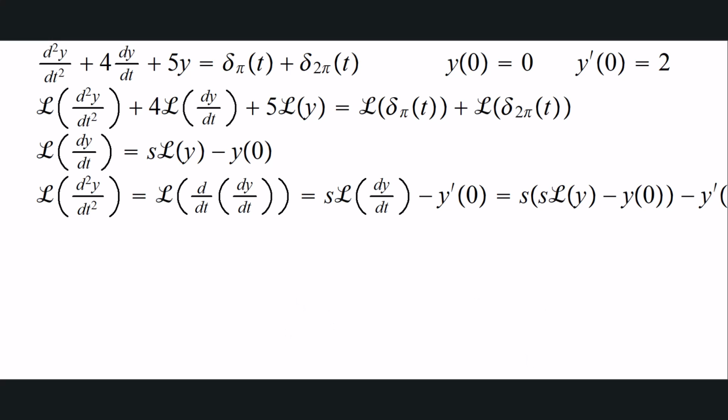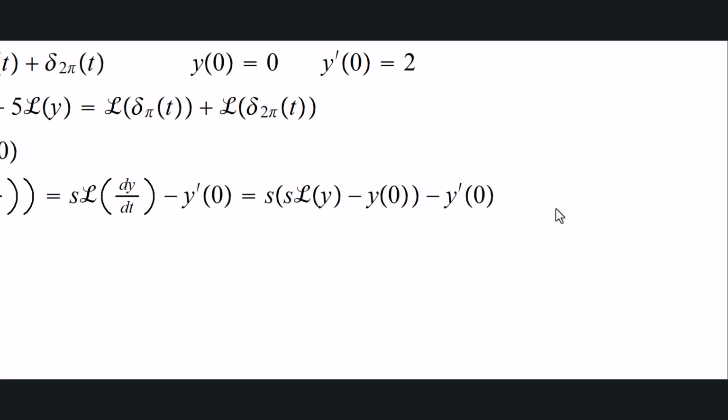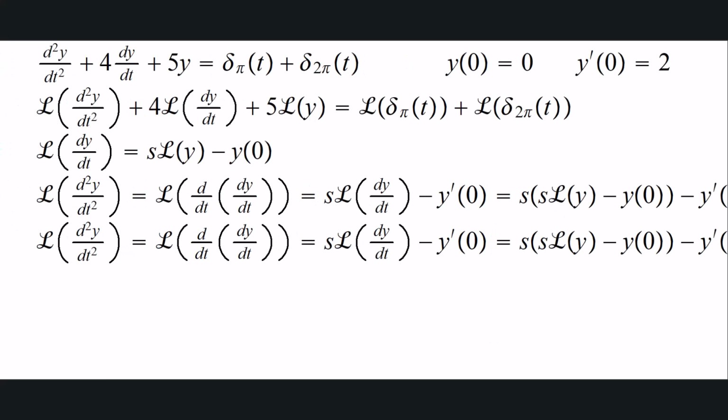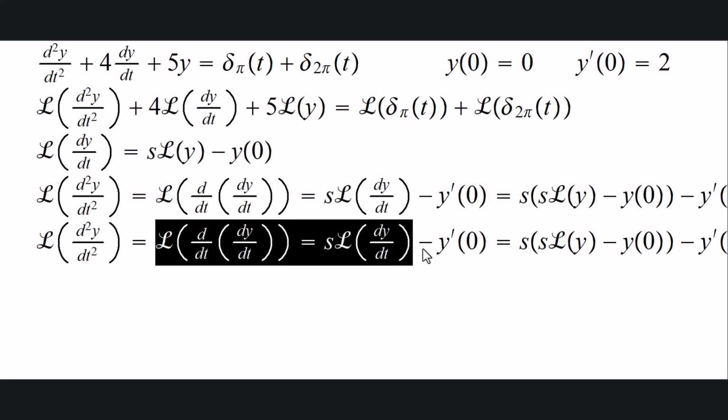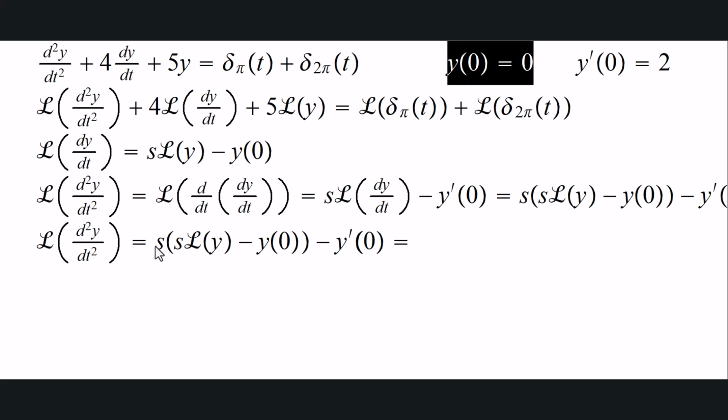So what I will do is copy and paste this in the second line, and then just erase the middle portion here. So one moment, we got this, and this is the Laplace transform of the second derivative, and we know our y0 is how much? 0.